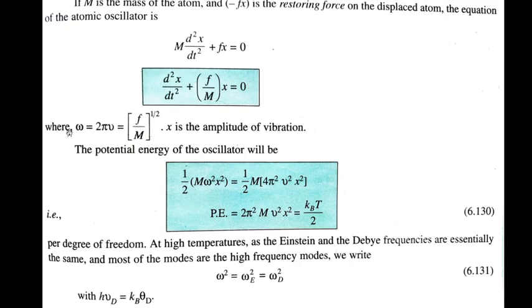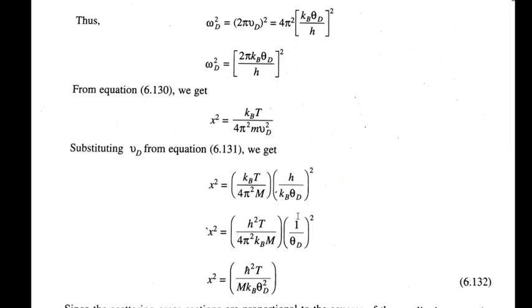So that I can correlate with omega, and this second factor will give me the amplitude of vibrations, and ultimately I am able to develop the 1/2 kx square. That relation gives the potential energy, which can be deduced with the help of these relations. Anyway, I am not going to go into detail on the mathematics, that is for the mathematical development.